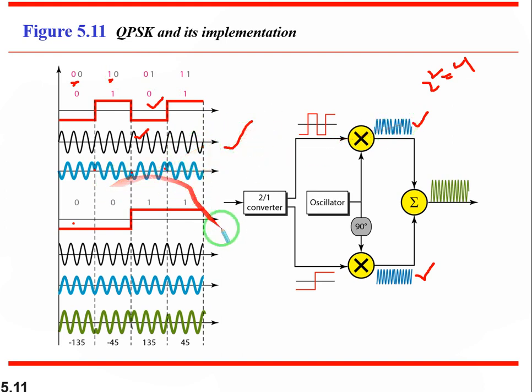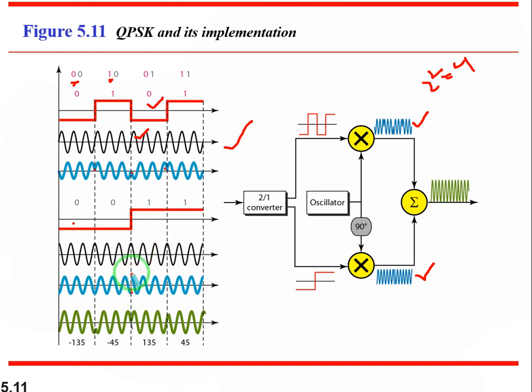Now come to this one, where you have 00 and 11. So just keep in mind 10 and 01. This is your carrier. Again 00, up to this level we have the same graph. But what happens again, when one bit changes, it changes by an angle of 90.